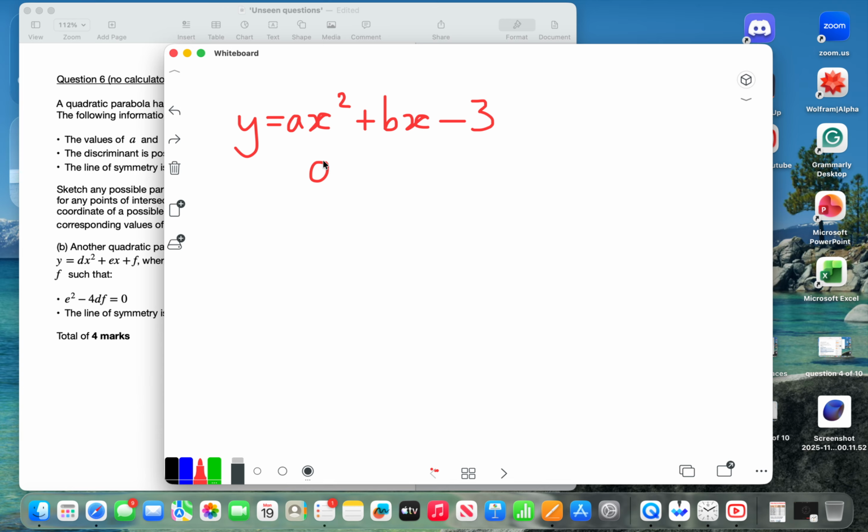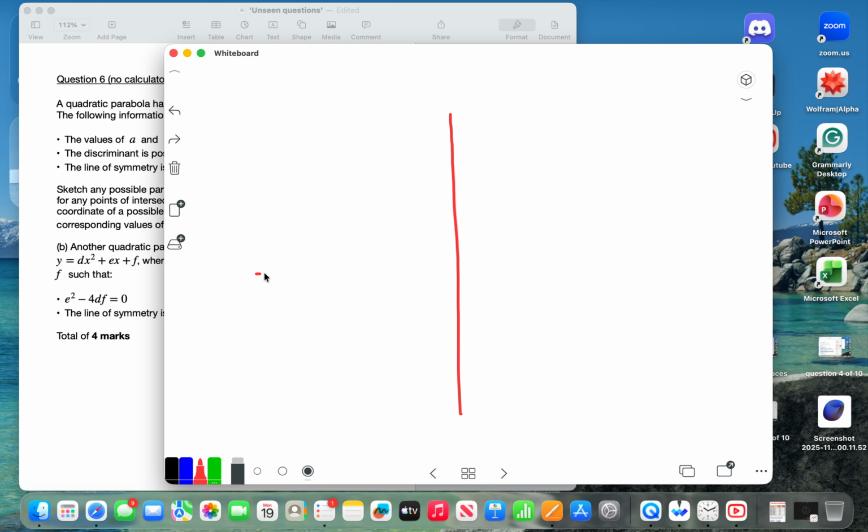We get that is 0, the bx is 0, and it just becomes minus 3. So it would be 0, minus 3 as the y-intercept. And I want to mark this on, and that's minus 3.